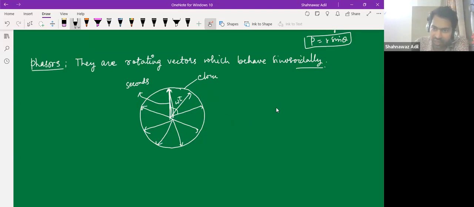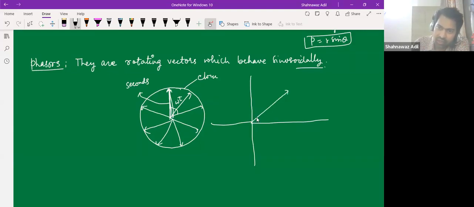So let's say that if we have a rotating vector, and its magnitude is how much? E naught, right? This is E naught, and this is making an angle omega t with this horizontal.